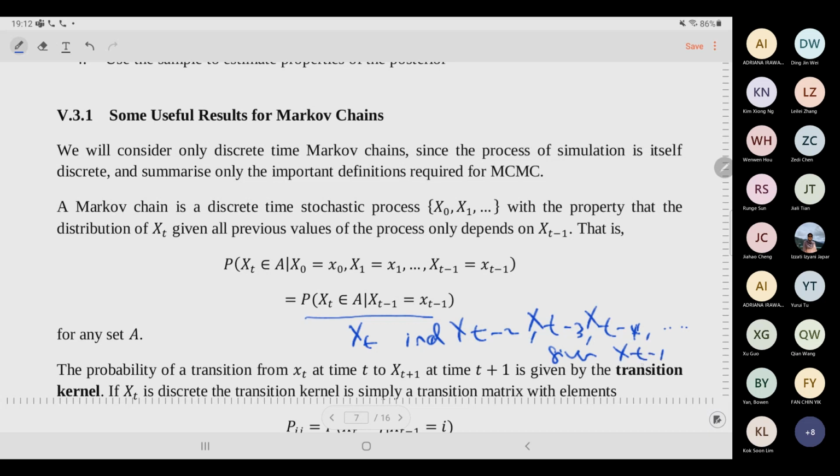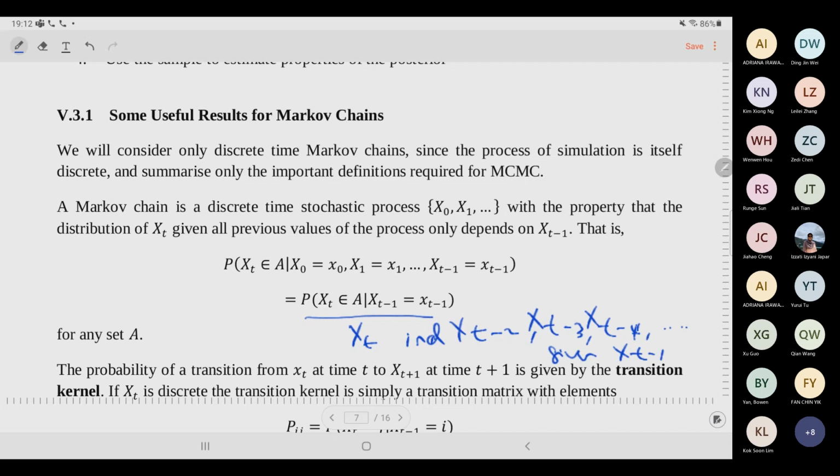So given xt minus 1, this xt and the past are actually independent. So xt only depends on xt minus 1. This is the Markov chain behavior.